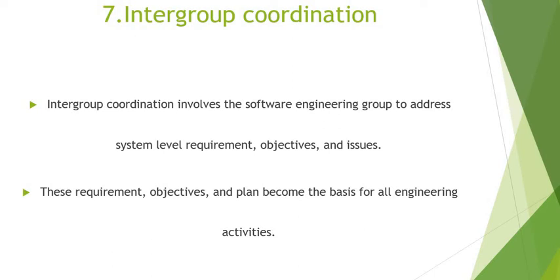The goals of intergroup coordination are: customer requirements are agreed to by all affected groups; the commitments between the engineering groups are agreed to by the affected groups; and the engineering groups identify, track and resolve intergroup issues.